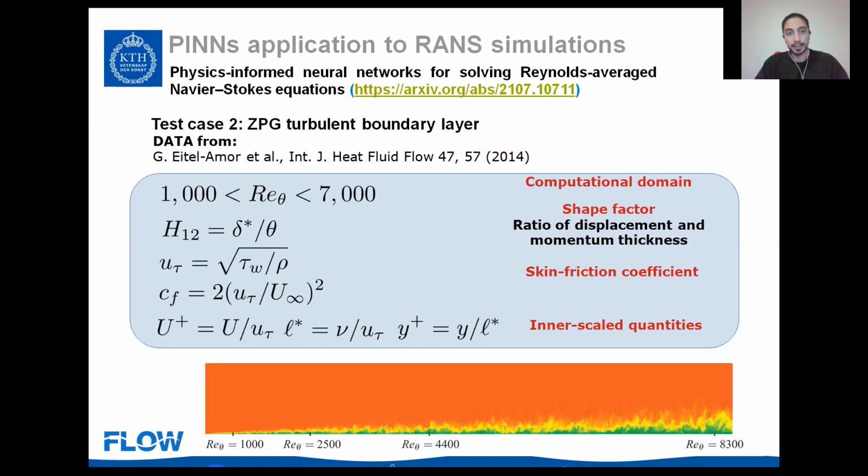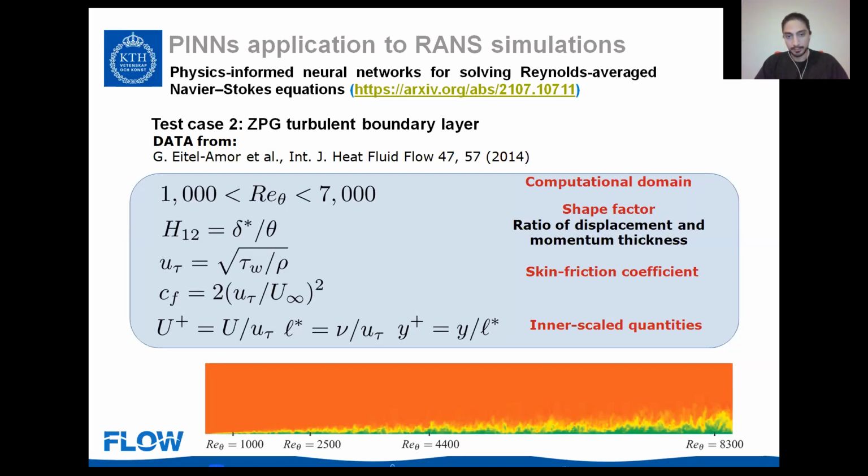And we evaluate the performance of the model, the accuracy of the solution, for the local quantities and also integral quantities like shape factor and skin friction coefficient, and also inner scale quantities.